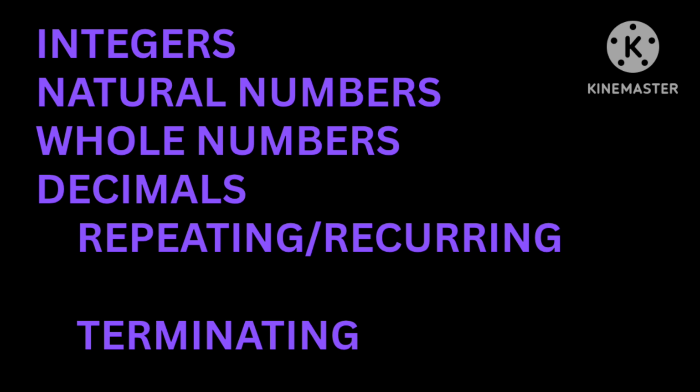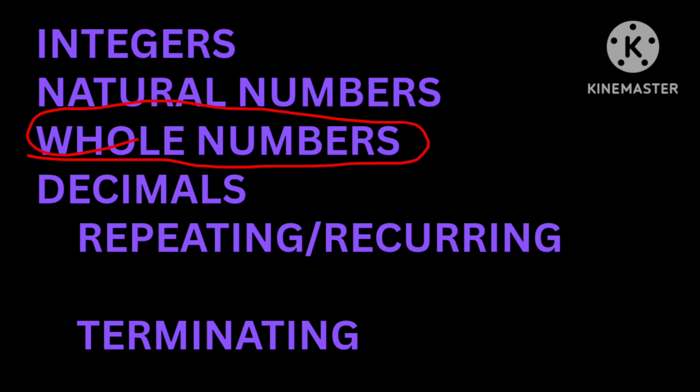In integers, if you consider natural numbers, that is 1, 2, 3, 4 and so on, so those natural numbers can also be considered as rational numbers. 0 is a rational number because 0 can be converted as 0 by 1. Whole numbers starting from 0 to 1, 2, 3, 4 and so on.